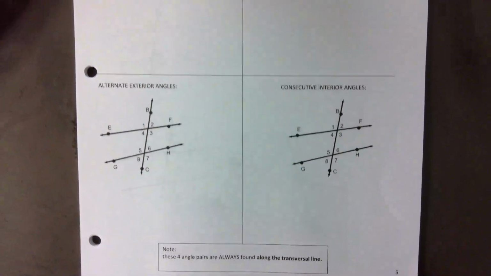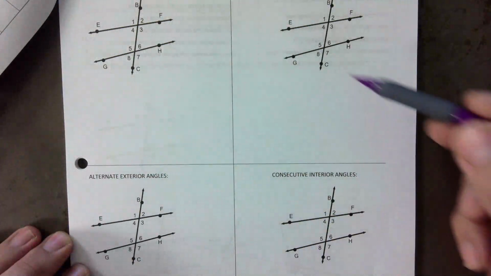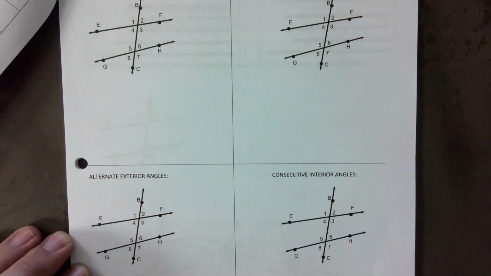I would strongly suggest that on your study sheet you have some sort of way to quickly identify which one is which. And maybe I'll help you out real quick here. I'll just give you a little cheat here. Let me just find a blank page.